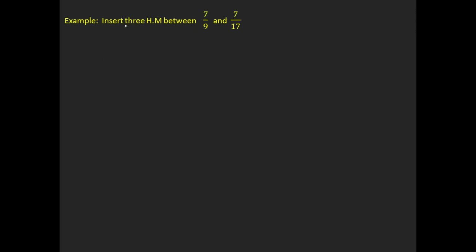Find 3 harmonic means between A and B. A and B are given. So we are to find 3 harmonic means, so n is equal to 3. D is equal to (1 over B minus 1 over A) divided by (n plus 1). This means D is equal to (17 divided by 7 minus 9 divided by 7) divided by (3 plus 1).